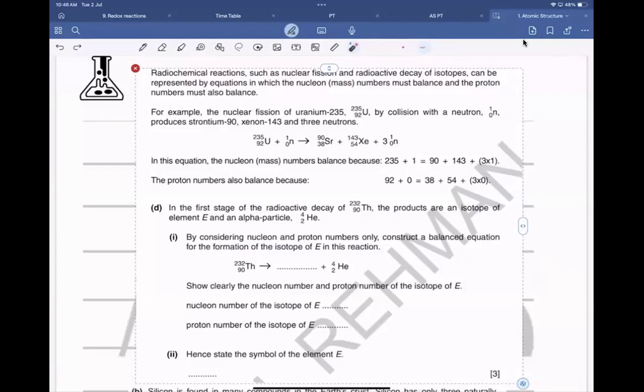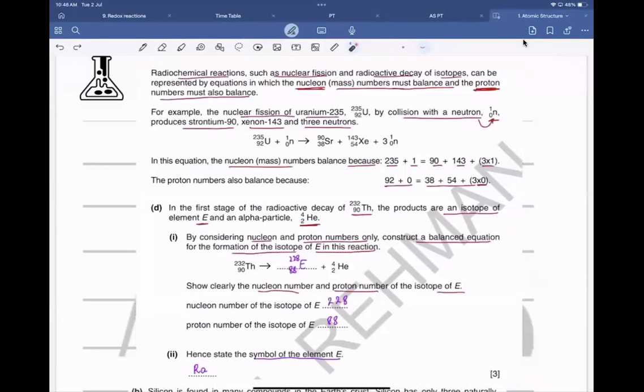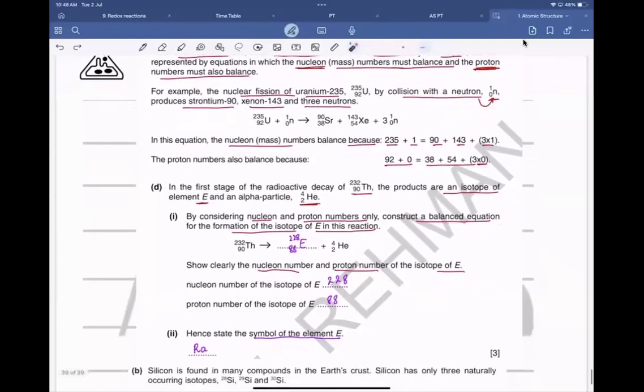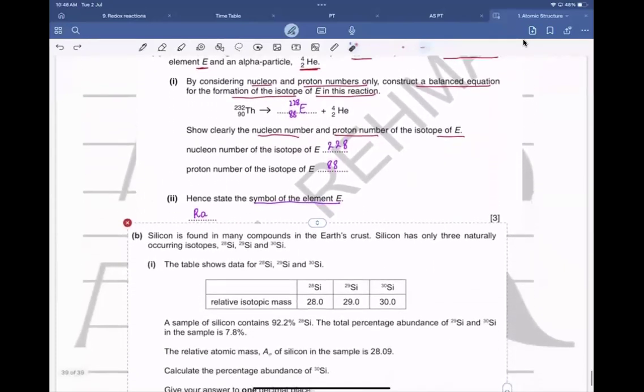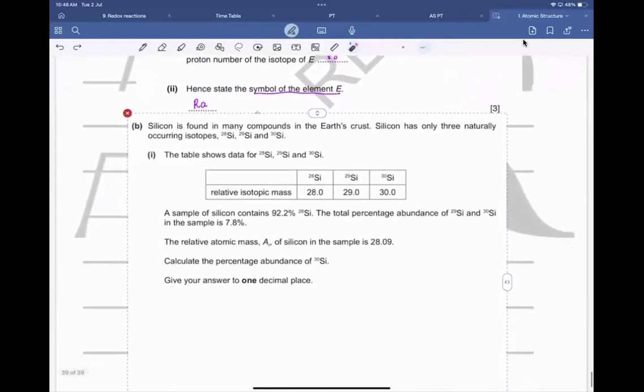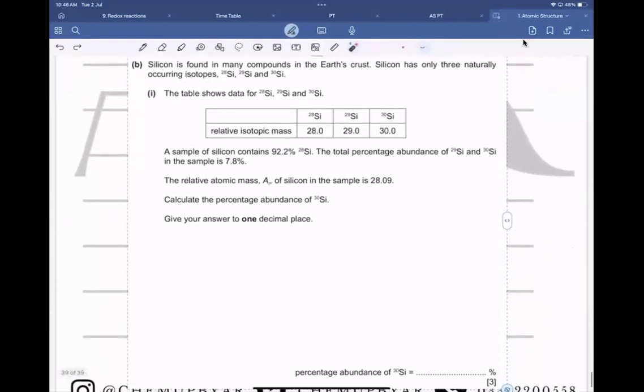Nucleon proton numbers only considered. It's radium. That's fine. Okay, how will you do this one? It's a little more tricky.